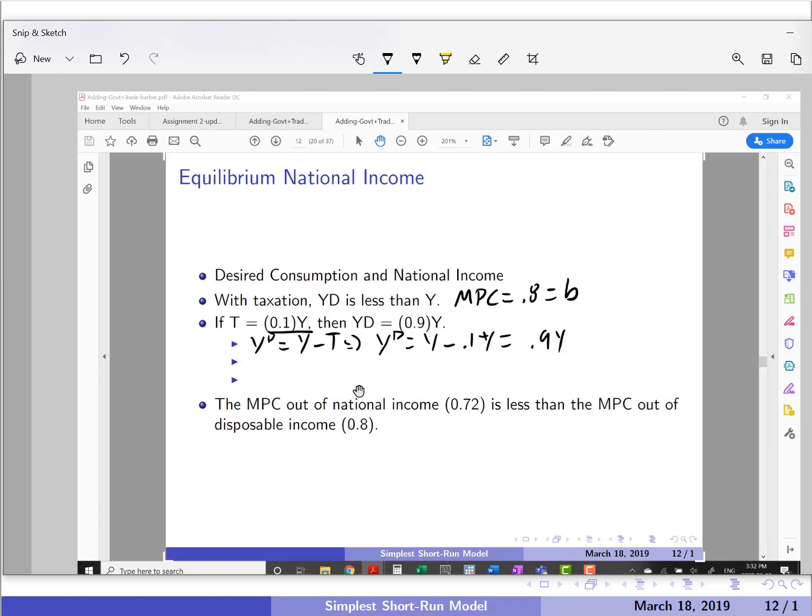What I mean by that is if we look at our consumption function, A plus B times YD, and disposable income now equals 1 minus T times Y, this number together, using the numbers above, would be equal to 0.72. 0.9 times 0.8 is 0.72. But the marginal propensity to consume out of disposable income is that 0.8, it equals B. The marginal propensity to consume out of national income equals B times 1 minus T, which is just 0.72.